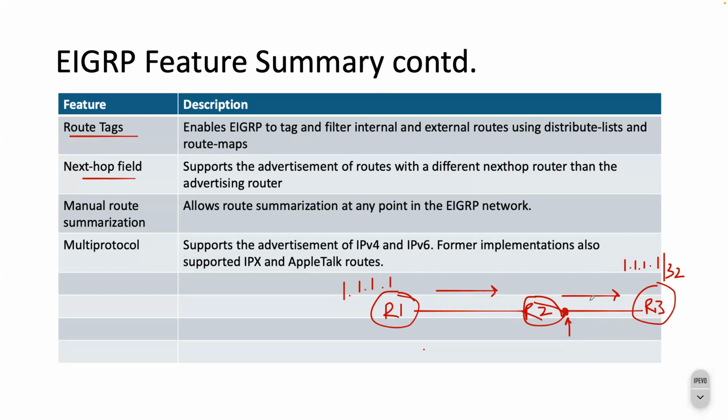When R2 advertises routes towards R3, it will change the next hop IP to its own interface while sending to R3. If it is sending to, let's say, R4, another router, on R4 it will show this interface IP as the next hop for the same route. Is it clear with everyone?